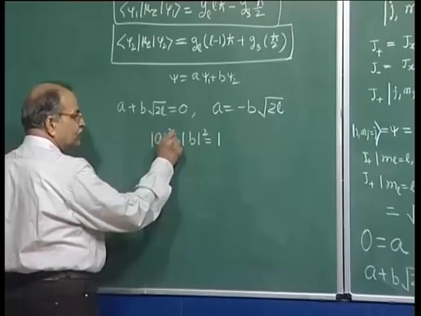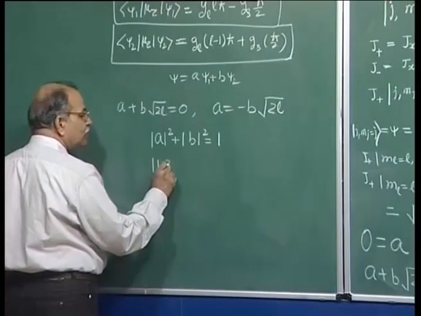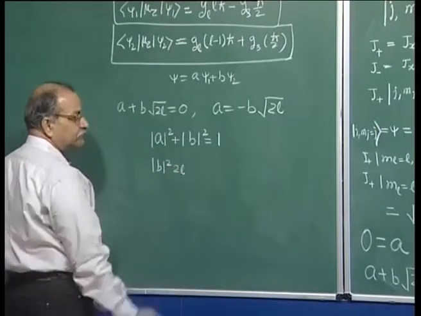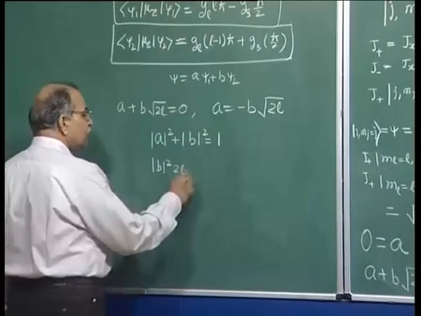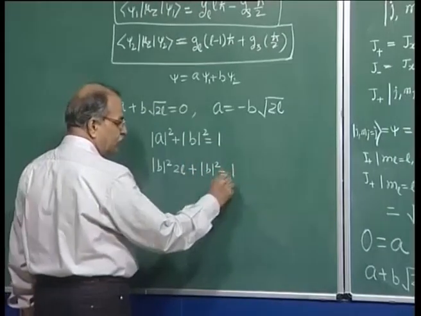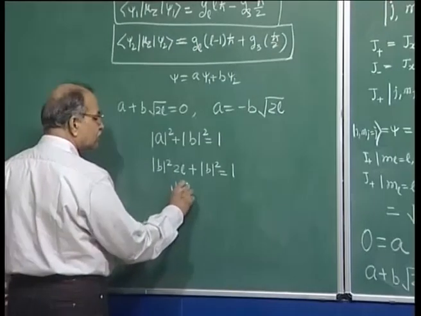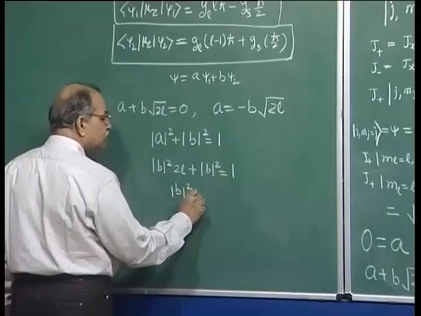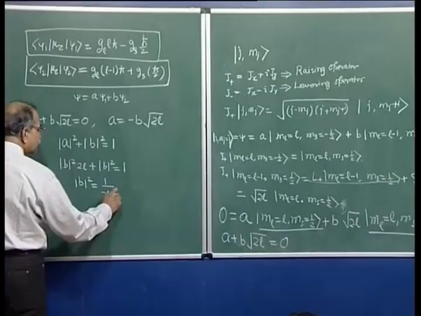So, mod a square is mod b square times 2L from here, plus mod b square, and that should be equal to 1, and therefore, mod b square should be equal to 1 by 2L plus 1.